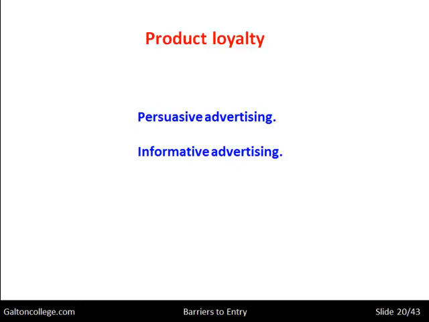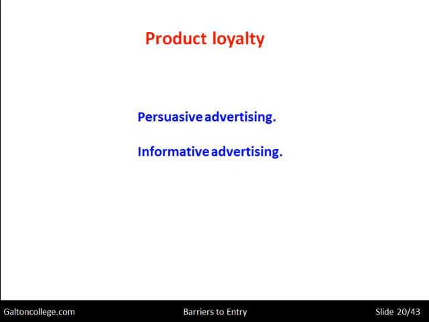So informative advertising, you could say, is somewhat boring. But for people who are interested in buying the machine, it's very interesting, because that's the information they need to make a decision. So there are two types of advertising. Persuasive, which just tries to get us to buy it because it's creating an image in our heads. Or informative advertising, which tells us about the product.